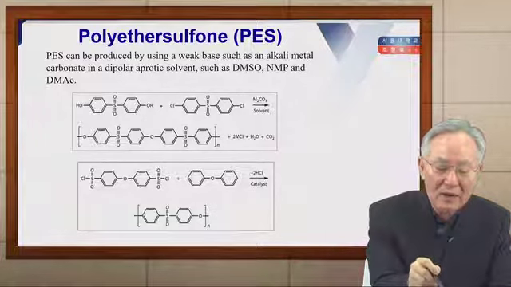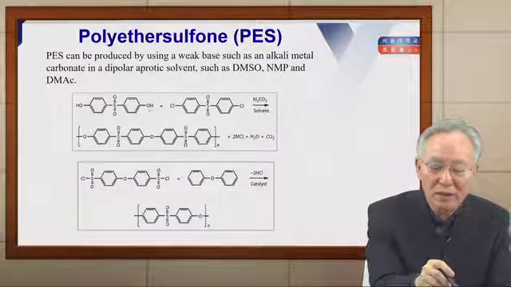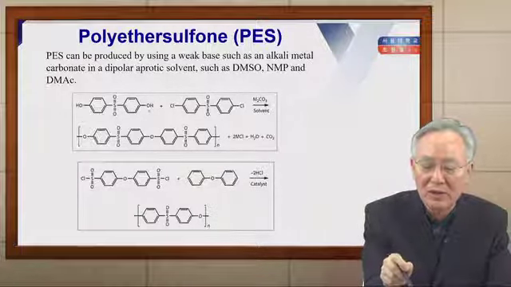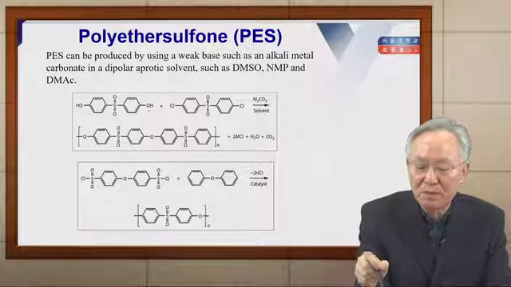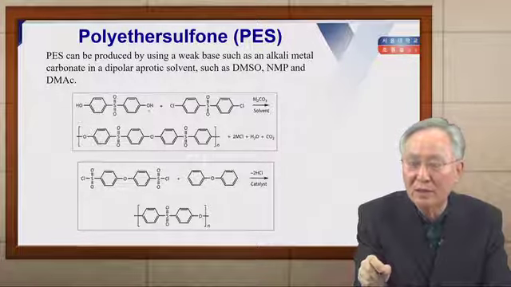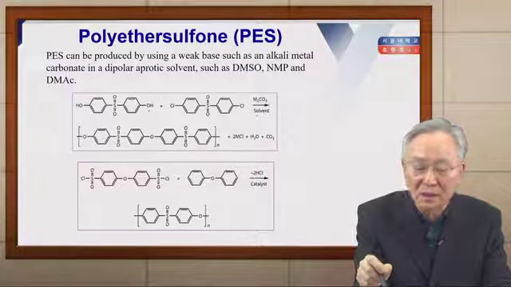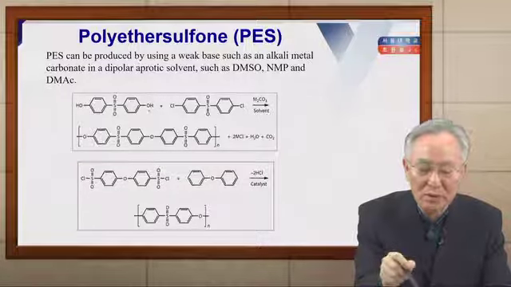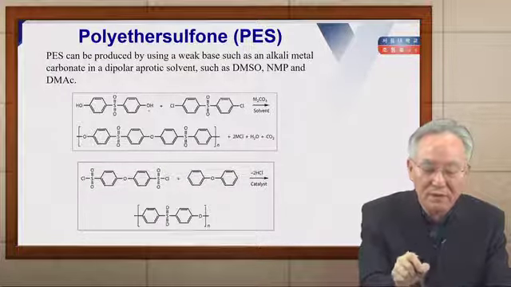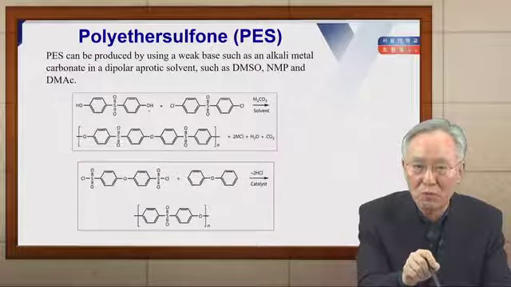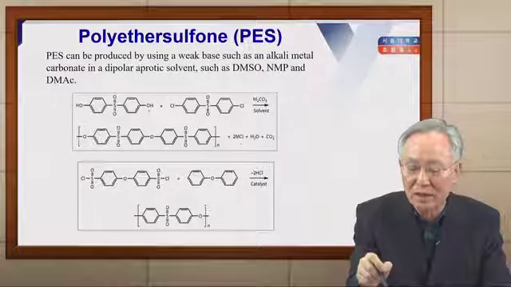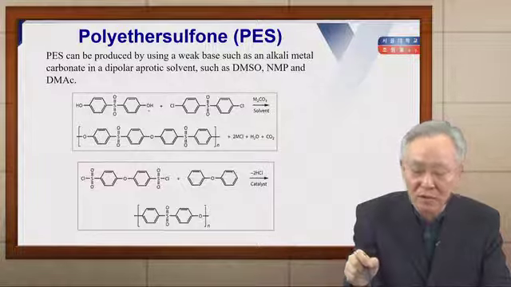This dihydroxy diphenyl sulfone is reacted with dichloro diphenyl sulfone in the presence of alkali metal carbonate as a catalyst in an aprotic solvent to produce polyether sulfone, with the removal of alkali chloride, water, and carbon dioxide.